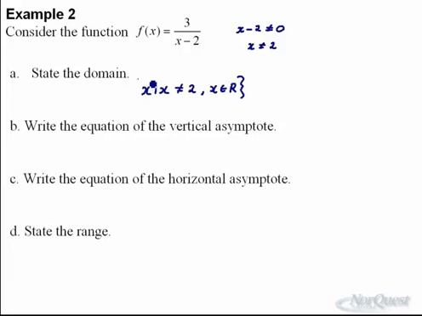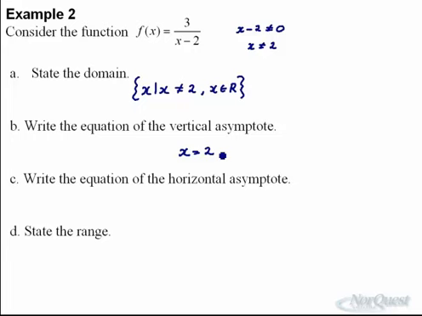That's the one thing that breaks this graph. The other nice thing is, once you find that restriction, that'll be the equation of the vertical asymptote. And this is the case every single time. Domain and asymptote are found by finding the restrictions in the denominator.